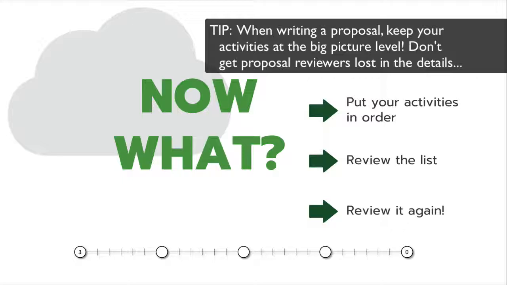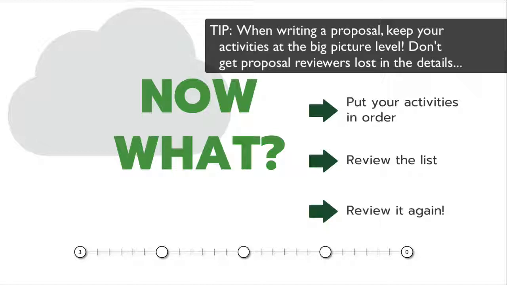Those could all be one activity in the case of this type of action planning. If you want to get really granular, you can do that. In terms of putting it into a proposal, though, you want these activities to be pretty big picture so that people can see what you're doing, but not get lost in all the details.